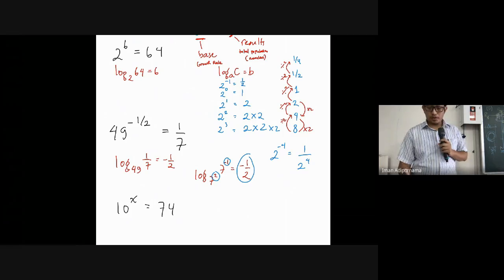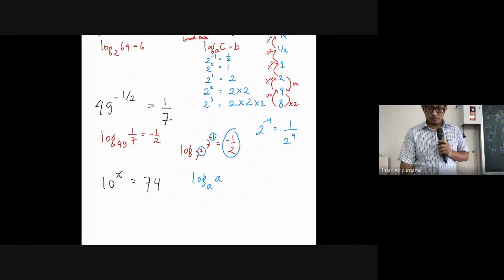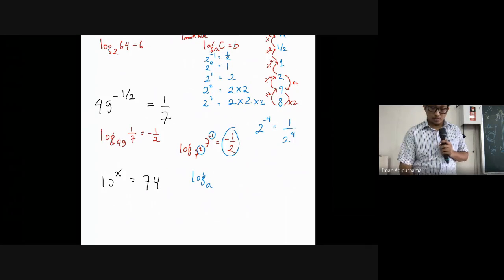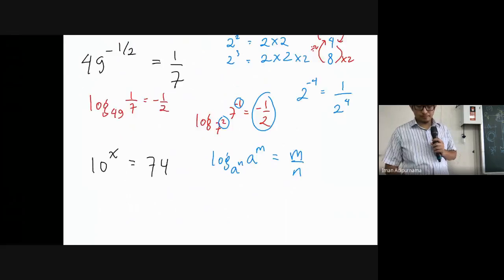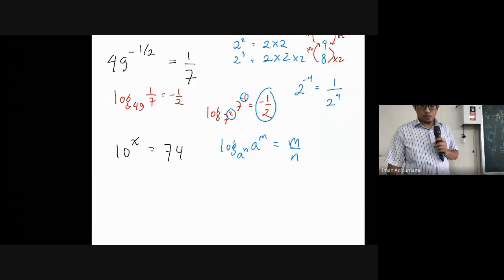So when you have a log base a, let me write the index. Usually this is n, this is m. This is equal to m. And this one, even though you see x, just write the x, because the instruction is just to write the log form.